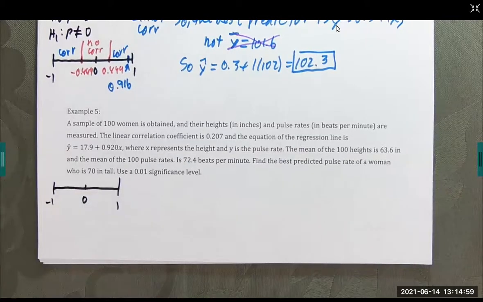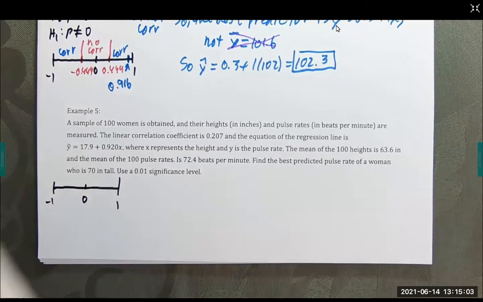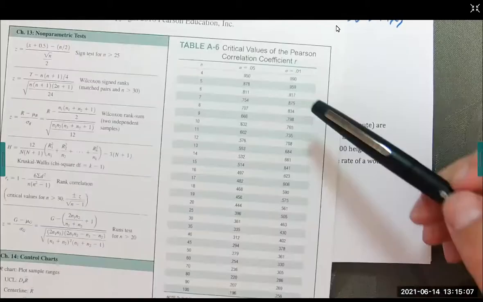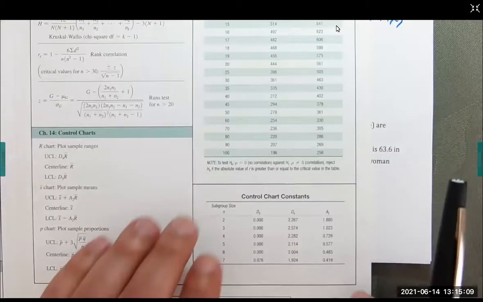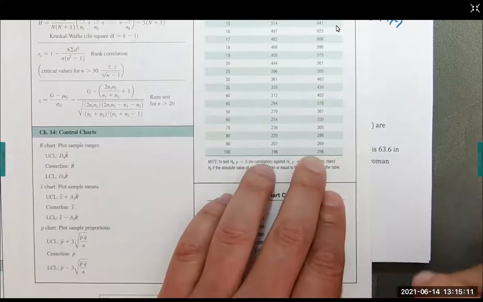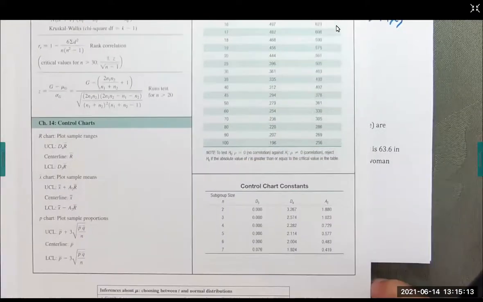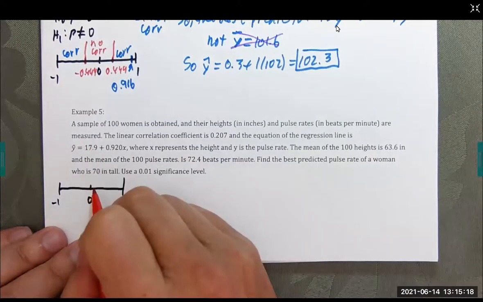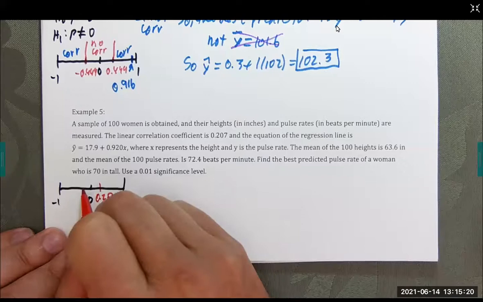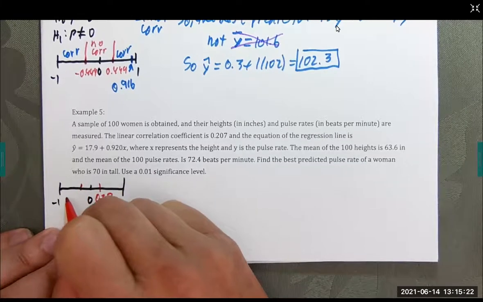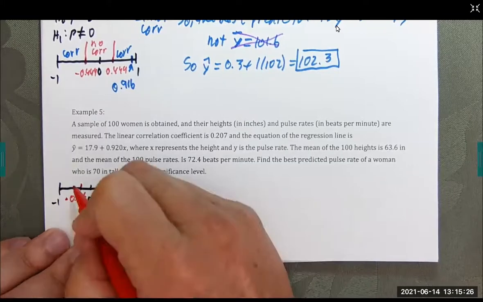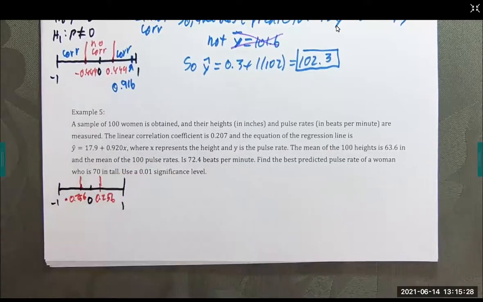And they tell us that n is 100 and we're using 0.01. Here, way down here. So 0.01 is this column. So we're here, this is 0.256. So we have a very small value here.